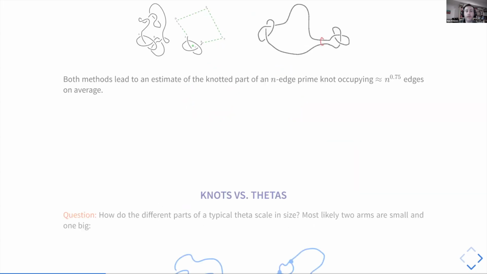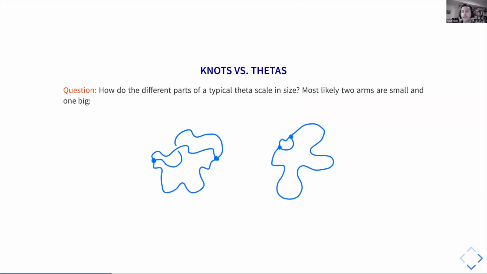And so then, having known about this and then seeing something about thetas, which I'll show you a bit more in a sec, I was thinking about whether we could do the same kind of thing for a theta graph. Can I take a theta graph and ask, does the average theta graph tend to look like this, where the 2 vertices of degree 3 are far apart and the whole thing is dispersed among these 3 edges roughly equally?